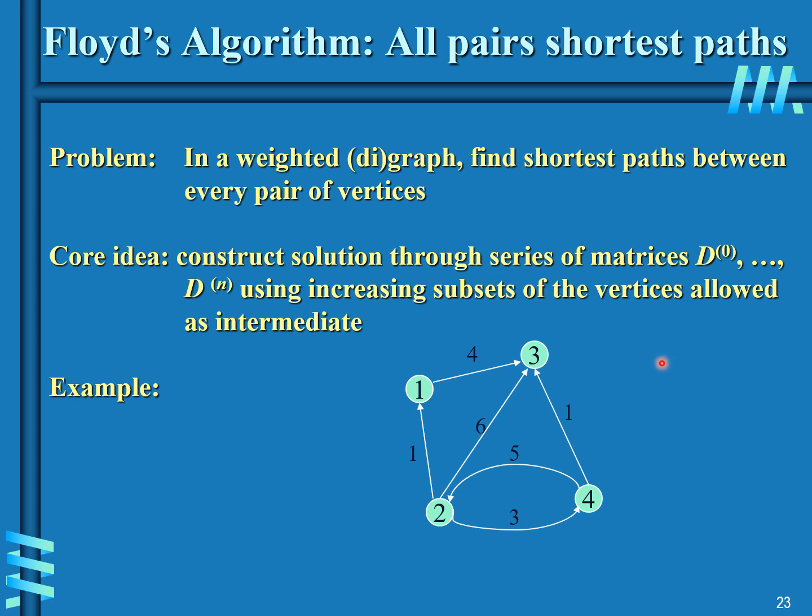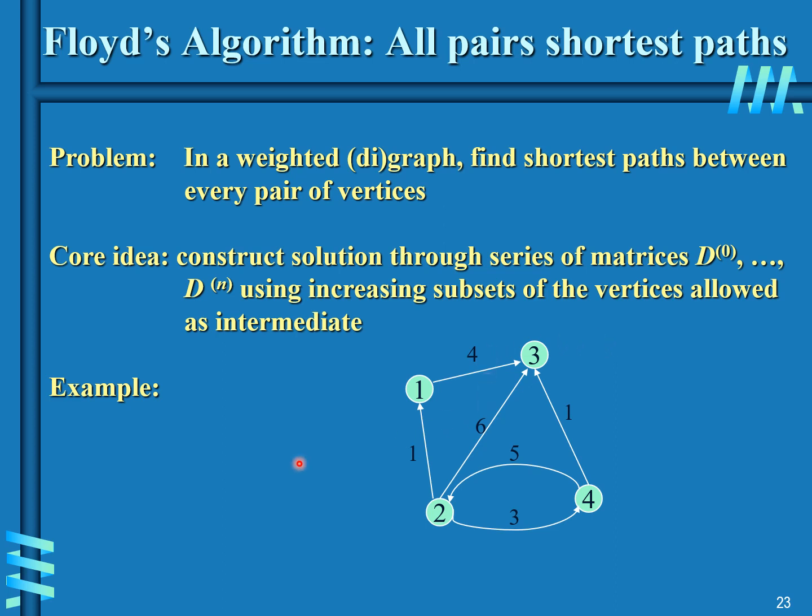Next you construct D1, again finding the distance between every pair of vertices, but with a maximum of one intermediate vertex. Then D2 uses a maximum of two intermediate vertices, and so on.